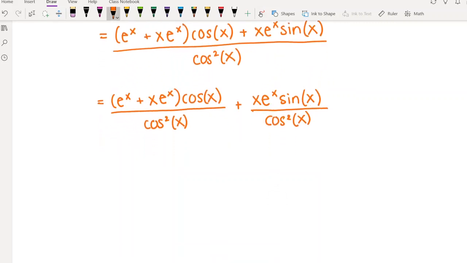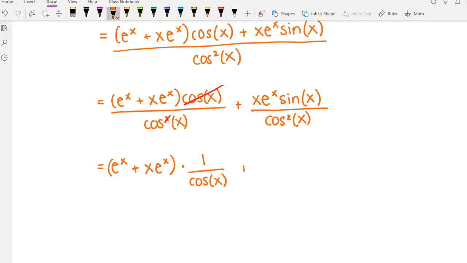So now what can we do? Well, here we have cosine over cosine squared, so we can cancel out one of those cosines. And so we'll be left with e to the x plus x e to the x times 1 over cosine of x. I pulled that 1 over cosine of x out because we're going to turn it into secant, right? Because that's what 1 over cosine is.